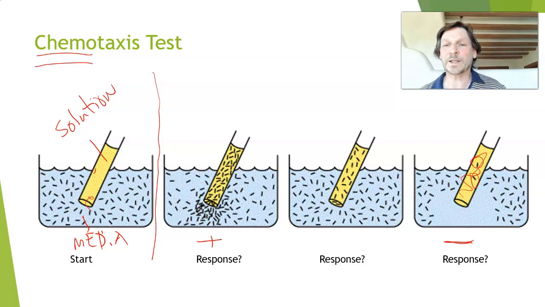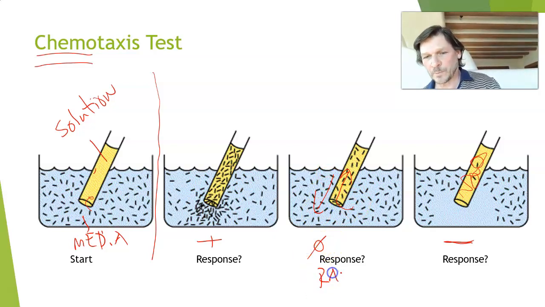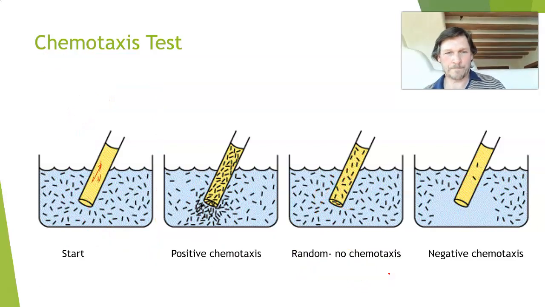So that would be a negative chemotaxis. And here, as many are tumbling in as they're going out, so that would be no chemotaxis. That would be random. So we have a positive chemotaxis, we have random, no chemotaxis, and then we have negative chemotaxis, moving away.